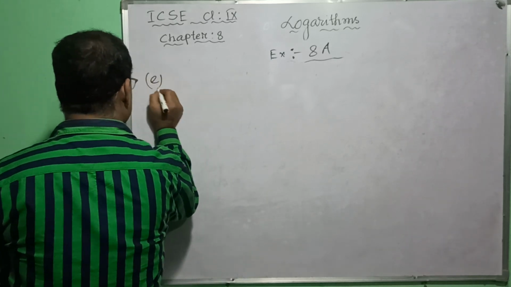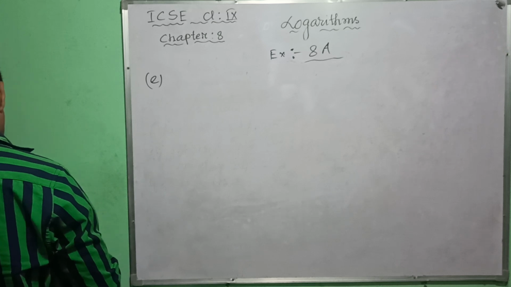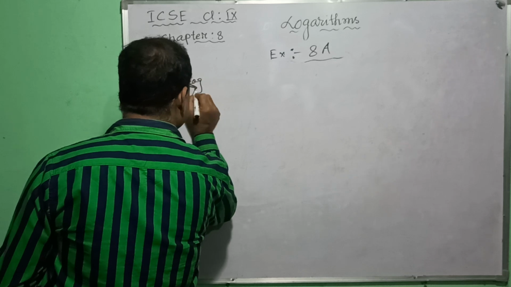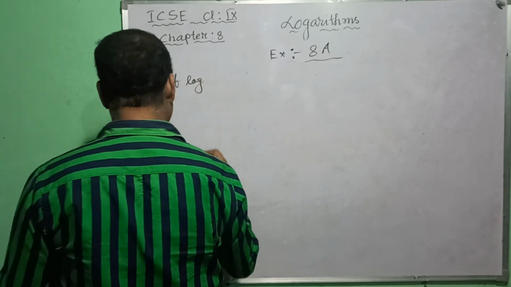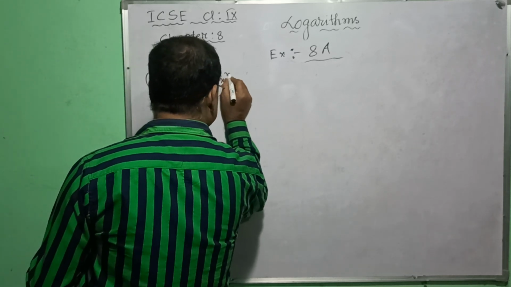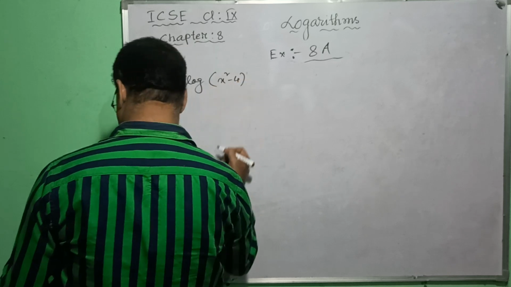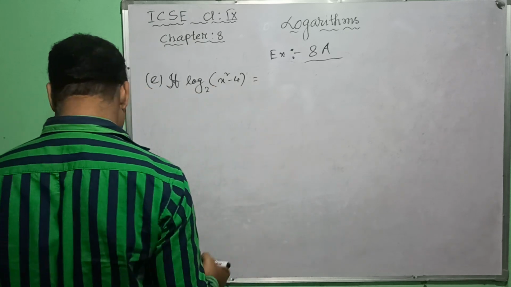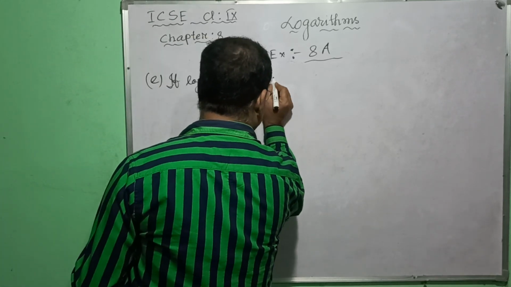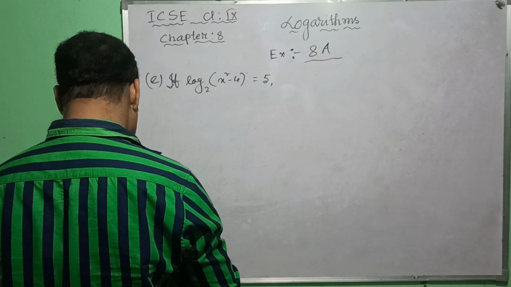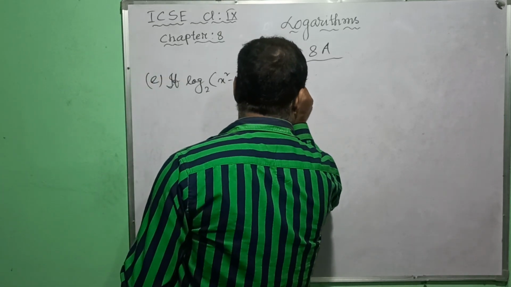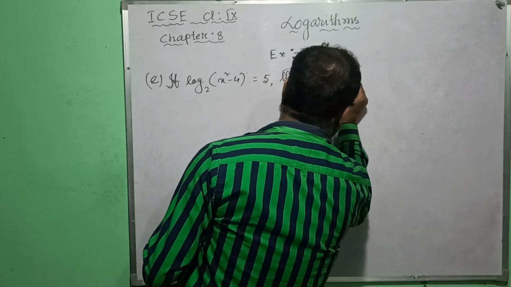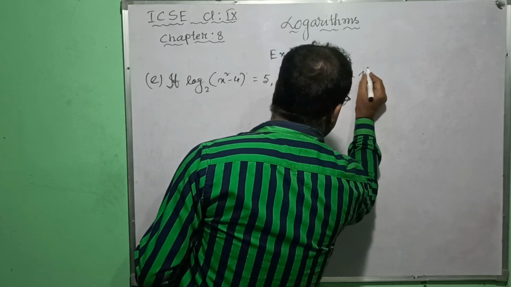In option E, it is given: if log of x square minus 4 with base 2 equal to 5, the value of x is.